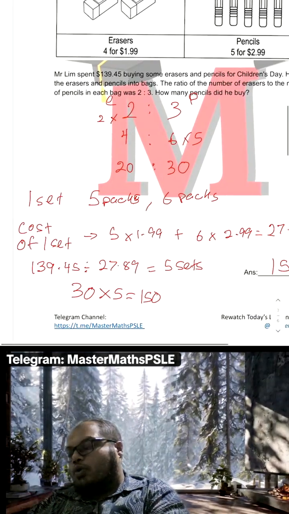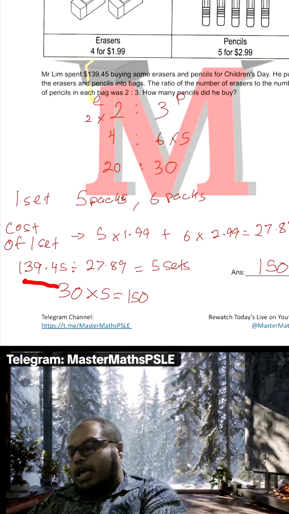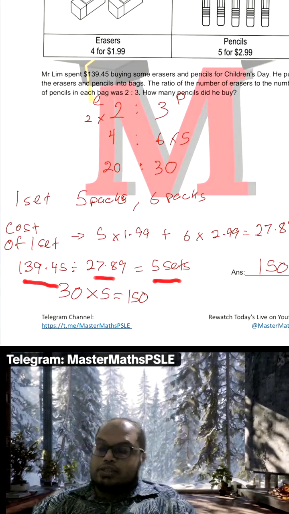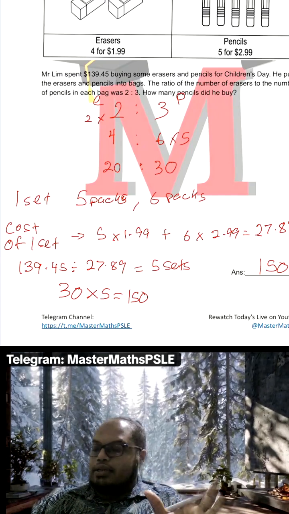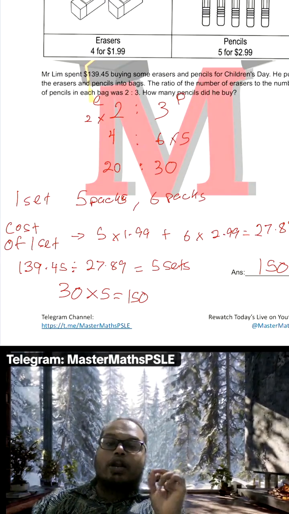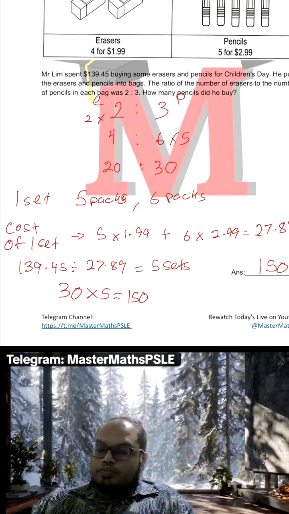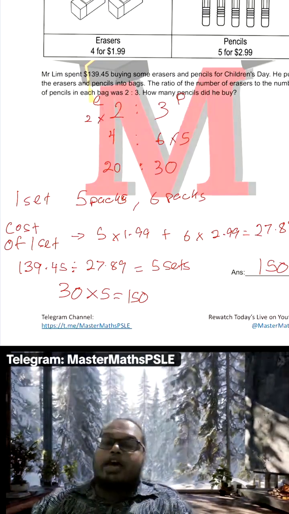So now I divide to get the number of sets. I got 5 sets, and they're asking for how many pencils did he buy. One set is 30 pencils. Number of pencils, not number of boxes. 30 pencils times 5 is 150.